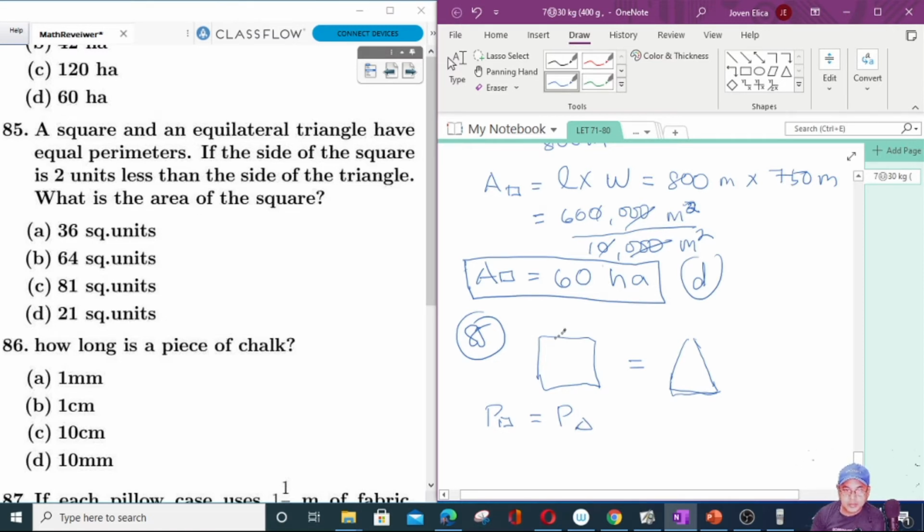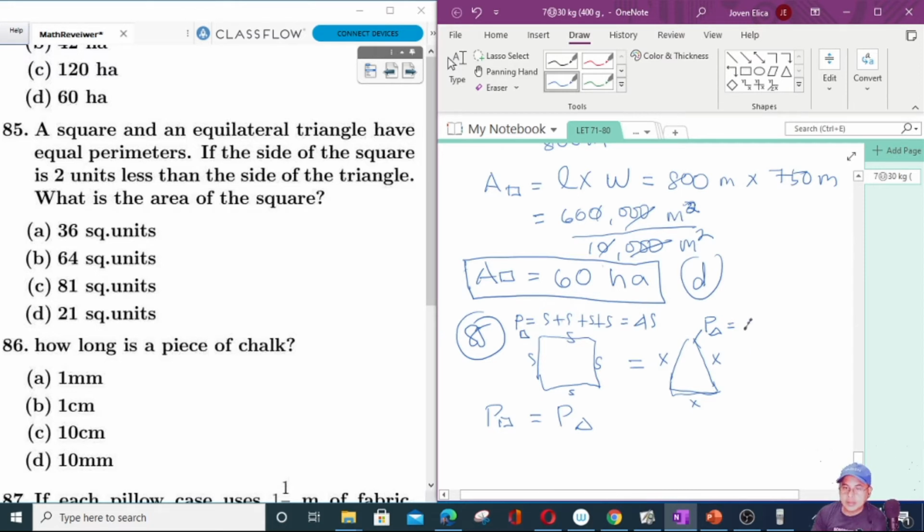Now we all know that the perimeter of a square is s plus s plus s plus s, since there are 4 sides, which is 4s. And for the equilateral triangle, let the side be x.